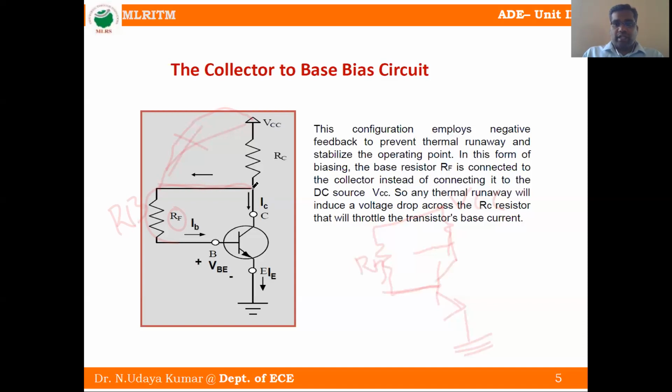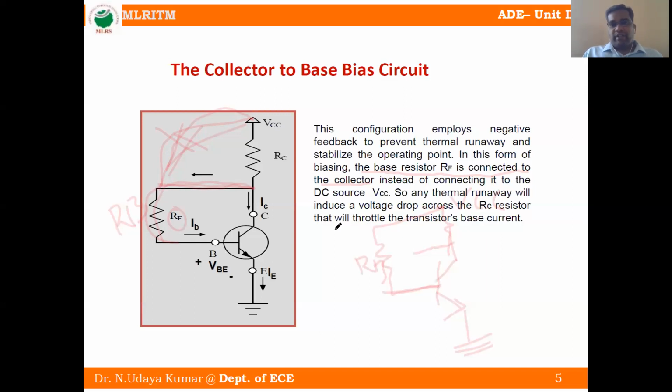Instead of connecting to the DC source, this base resistor RB, or feedback resistor, is connected to the collector terminal.